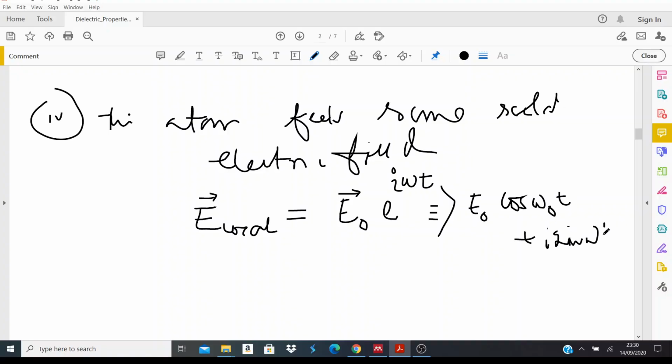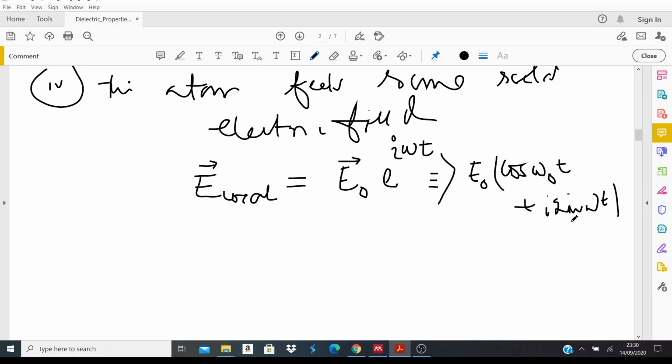But you have to remember the electric field is a real quantity, so you take either the cos or the sine. Sorry, there should not be any subscript here, it is just a simple omega. We will take the convention of minus i omega t. You can take plus i omega t, but Ashcroft, the book I am following here, uses this convention: the time harmonic is always minus i omega t. So in that case we will have a minus i here.